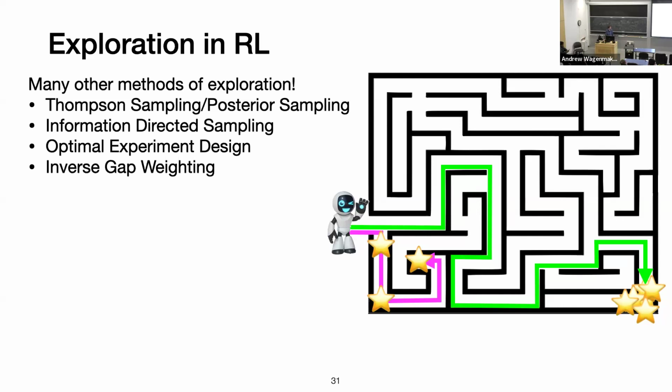You can apply it to bandit problems and to RL problems. Inverse gap weighting is another approach with nice theoretical guarantees. It was originally developed for bandits, where it works quite well in practice. People have also extended it to RL. I don't know whether it works in deep RL or not. But there are many others, both in theory and practice.